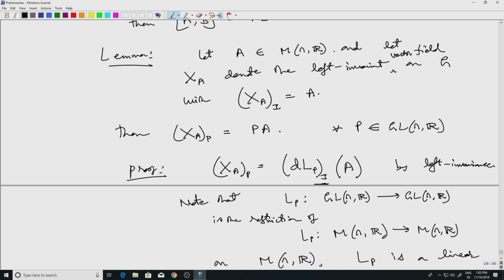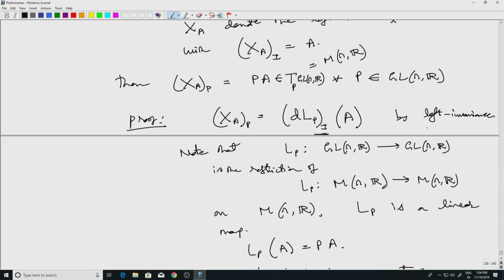However, this is supposed to be thought of as an element of the tangent space at P of GLNR, which is still MNR. This is still MNR, except that it is a partial derivative. So essentially, to make sense of this, I'll just write an aside.